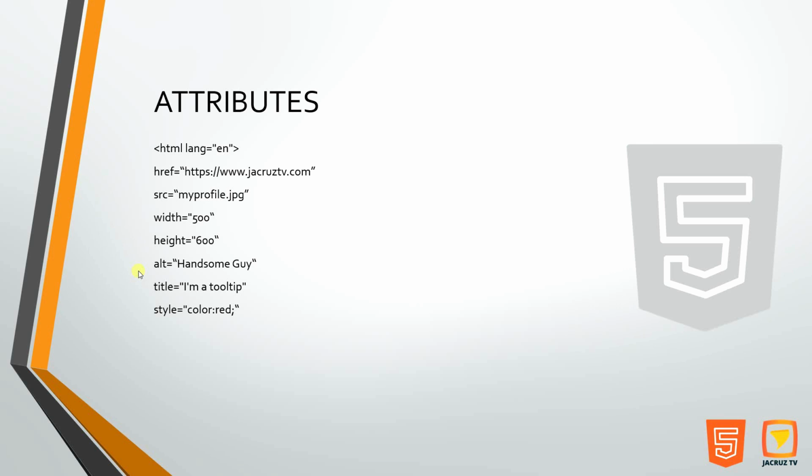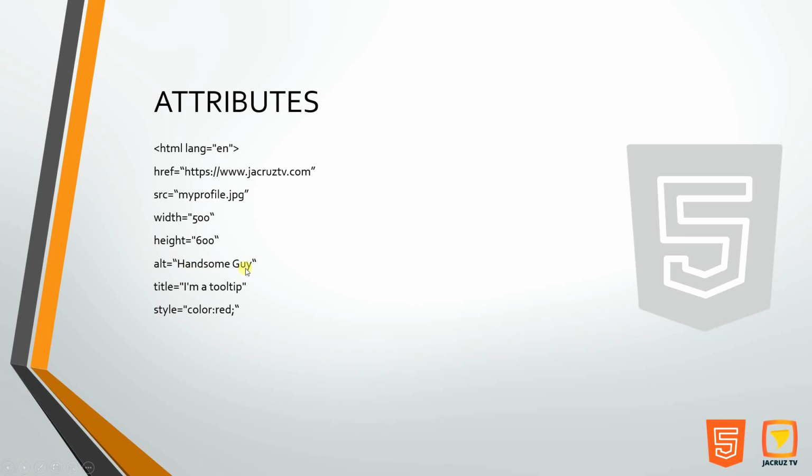For what purpose? For example, your website has photos, but accidentally you deleted those photos from the directory. So what will happen? The browser will still load your website, but it will show a text, for example, this one, a handsome guy.